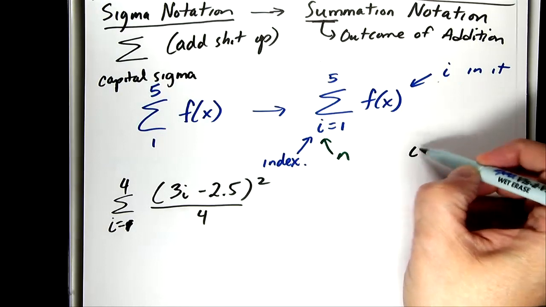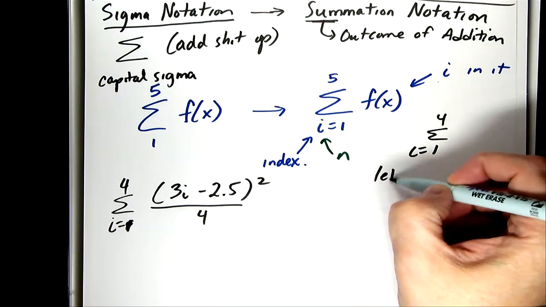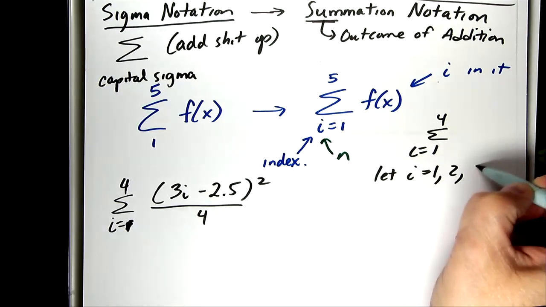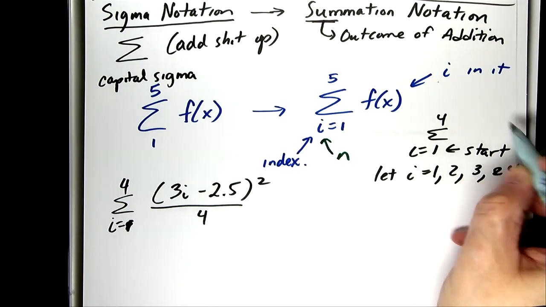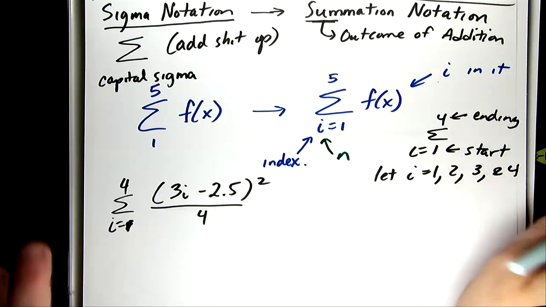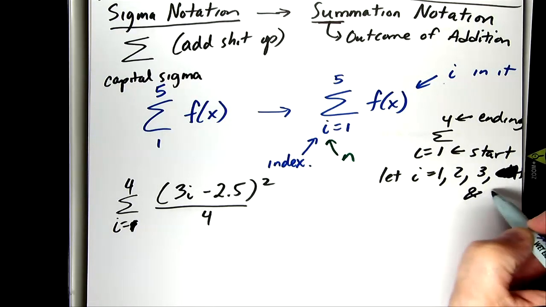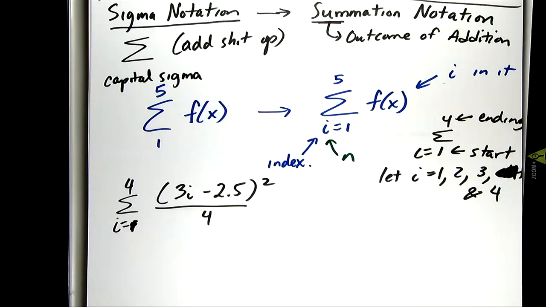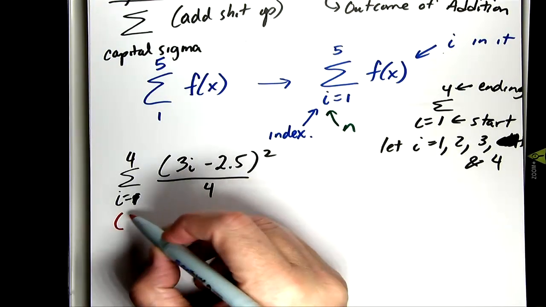That i equals 1 and the 4 means let i equal 1, 2, 3, and 4. So it kind of gives you like a starting point and an ending point. Which means I'm going to, first off, plug in 1 for i.